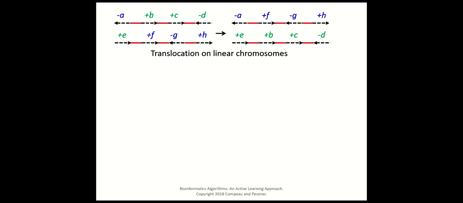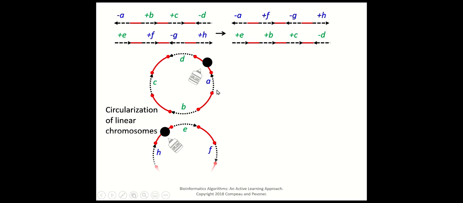And now we are going to speak about translocation on linear chromosomes. I'm going first of all to circularize the linear chromosome. I have minus A here, so I'm going to write A anti-clockwise.